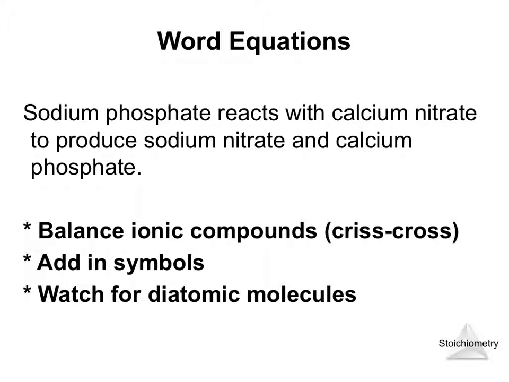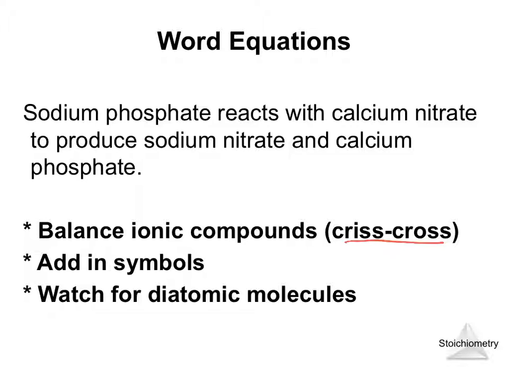Okay, so we're going to put together our last chapter, ionic, covalent, and acidic compounds, with this chapter, which is our equations. So we're going to take a word equation. Maybe this is the procedure in a lab or information that you're reading about, and we're going to put together a balanced equation. So when we do this, we need to keep in mind a couple things. First, for ionic compounds, we need to make sure we're using the crisscross method. So we're going to have to write the charges, crisscross them, and then write our final product.